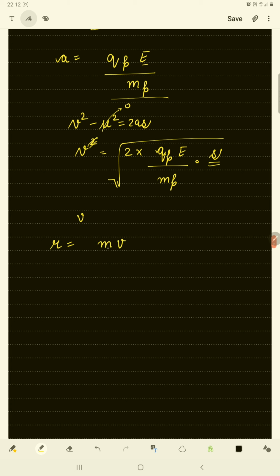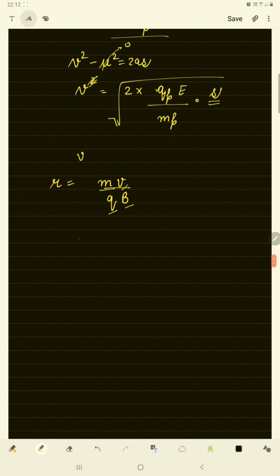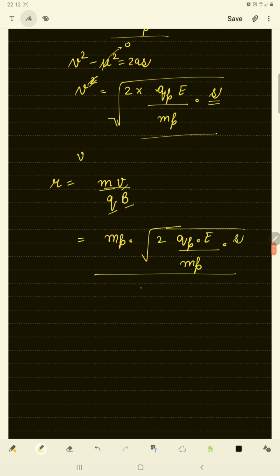Now for the radius of the path we know that the radius is mv upon qB: mass of the particle, velocity of the particle, charge on the particle and magnetic field. Now the mass of the particle times the velocity, which we just found, square root of 2 q of the particle times the electric field upon the mass of the particle into distance, upon the charge on the particle and the magnetic field.